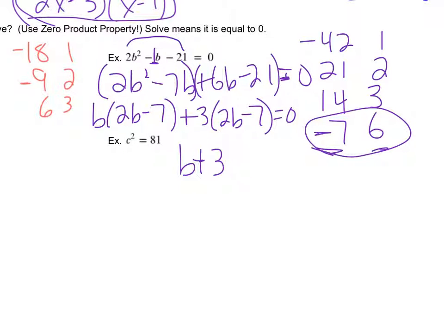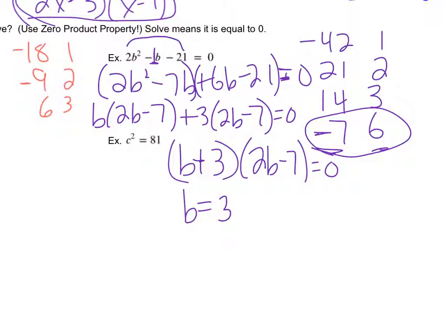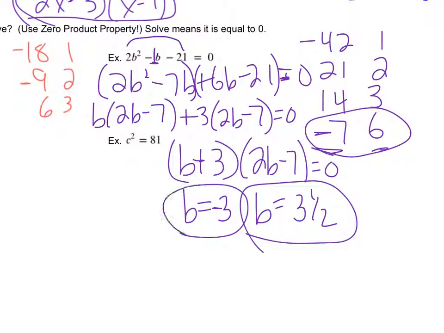So I would be left with b plus 3, 2b minus 7 equals 0. So b would equal negative 3, or b would equal 3.5. Just set each part equal to 0 and solve it. That will do it. If it's equal to 0, that means you can solve it. There's my solutions.